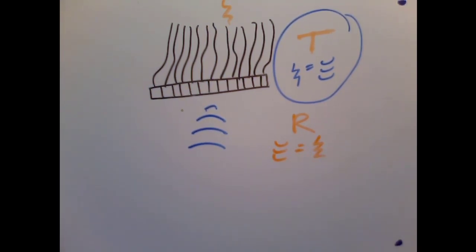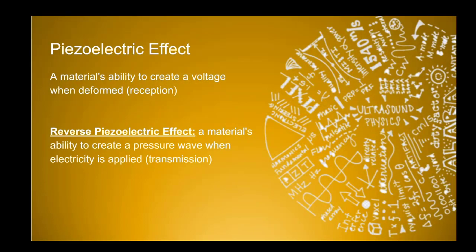Those are lightning bolts, if you didn't know. Those are awful lightning bolts. So reception is the true piezoelectric effect. Remember, during transmission, when sound is being sent into the body, it's the reverse piezoelectric effect. And during reception, it is the true piezoelectric effect.